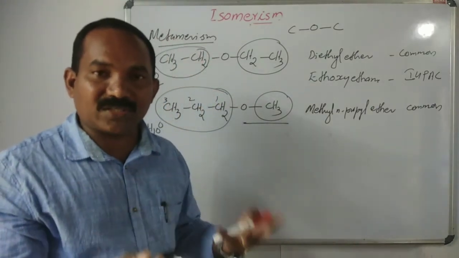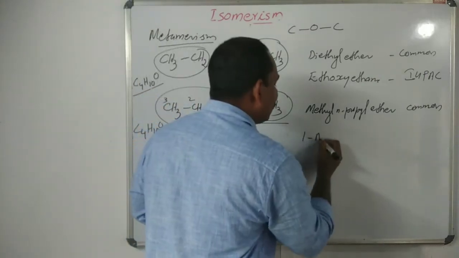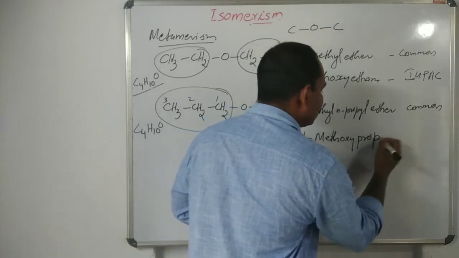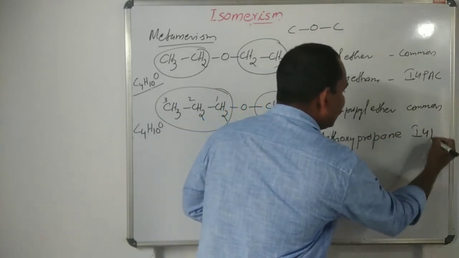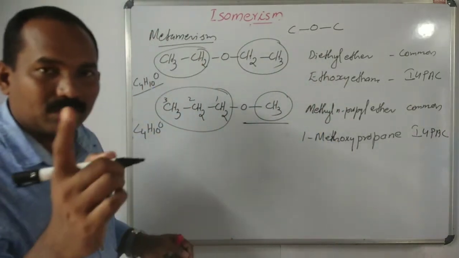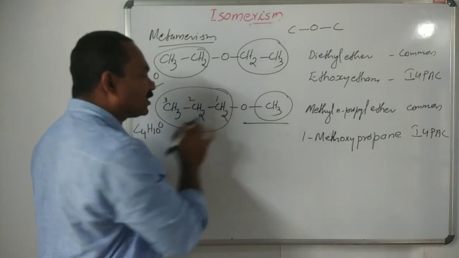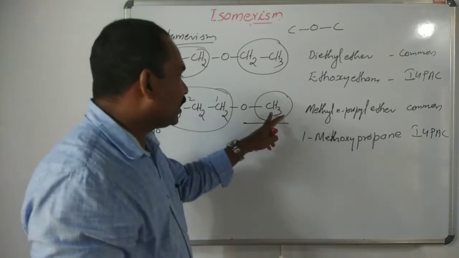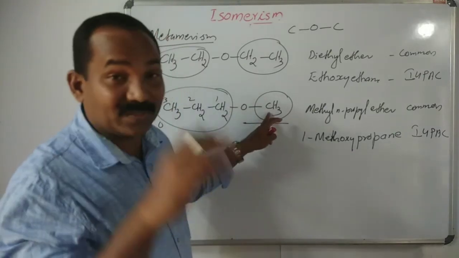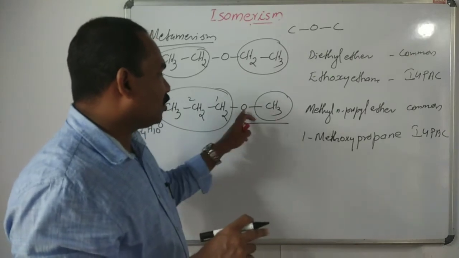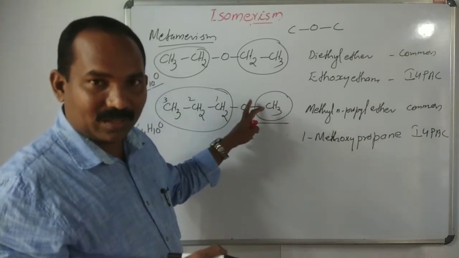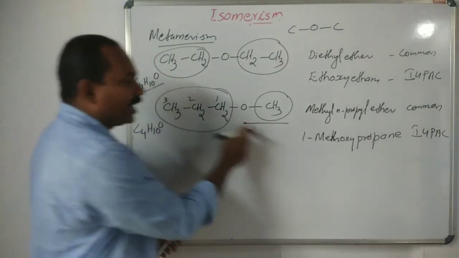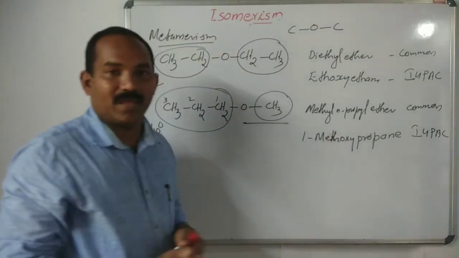So the methyl group and oxygen give methoxy. Once again, with two different alkyl groups, you take the smaller alkyl group as alkoxy. Here methyl is the smaller group, so methoxy, attached to the first carbon. That's why it is 1-methoxypropane.